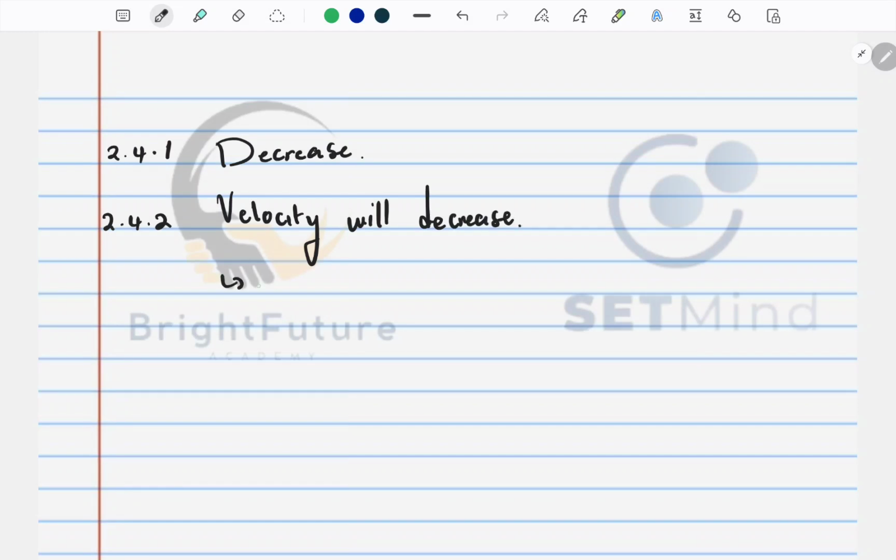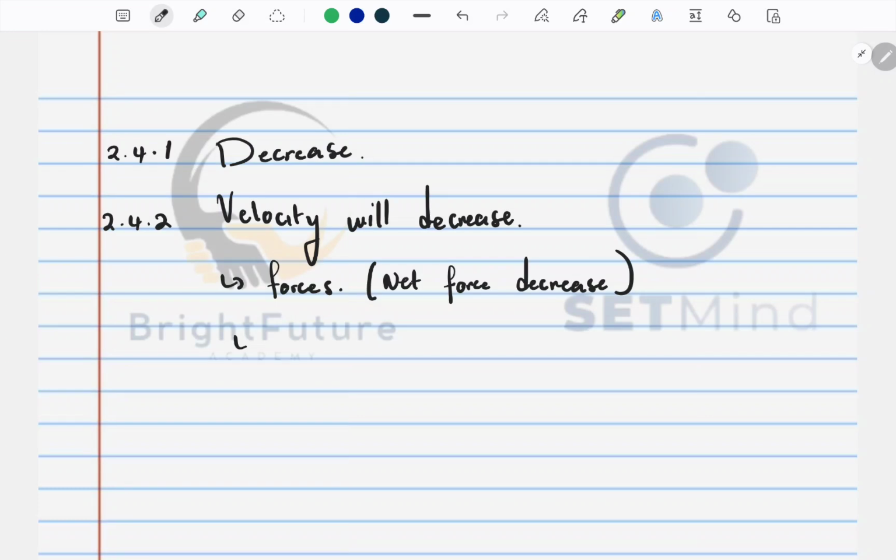Now when you explain, you're going to explain in terms of your forces. We've already decreased the tension force. If we decrease the tension force, we decrease the net force. So you can say your net force has decreased because of the tension that we decreased.